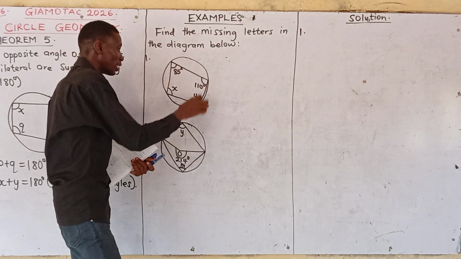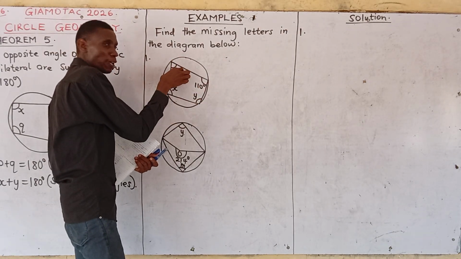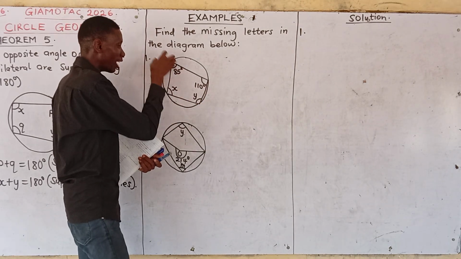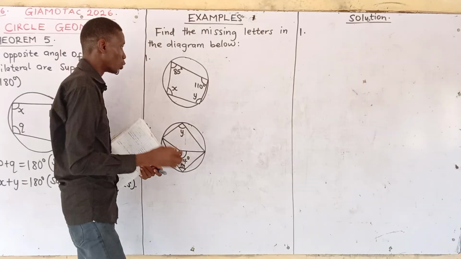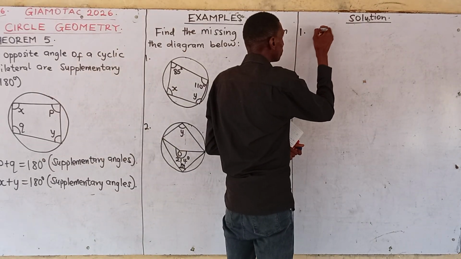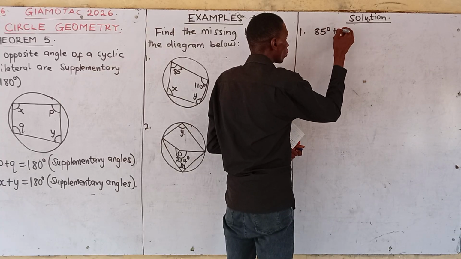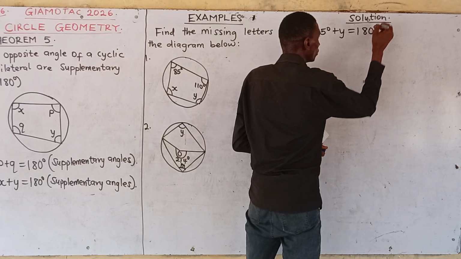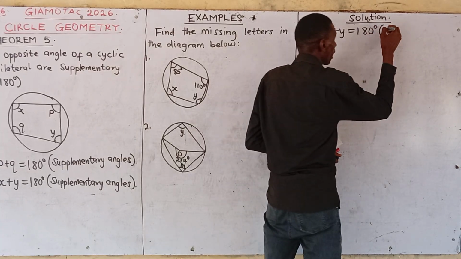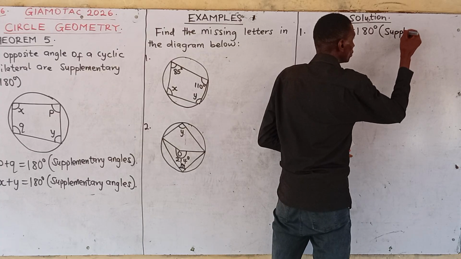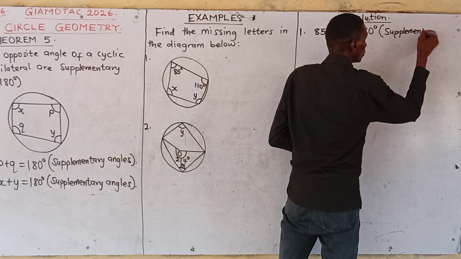This is a quadrilateral shape. 85 and y are opposite to one another. So I can say 85 degrees plus y is equal to 180 degrees. What is my reason? My reason is simply supplementary angles.